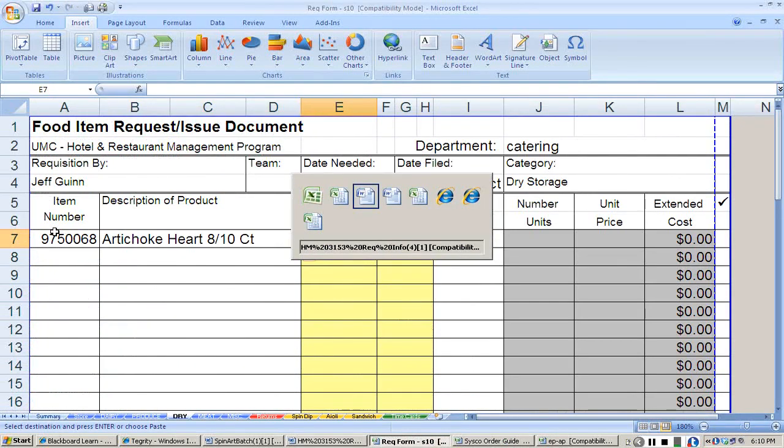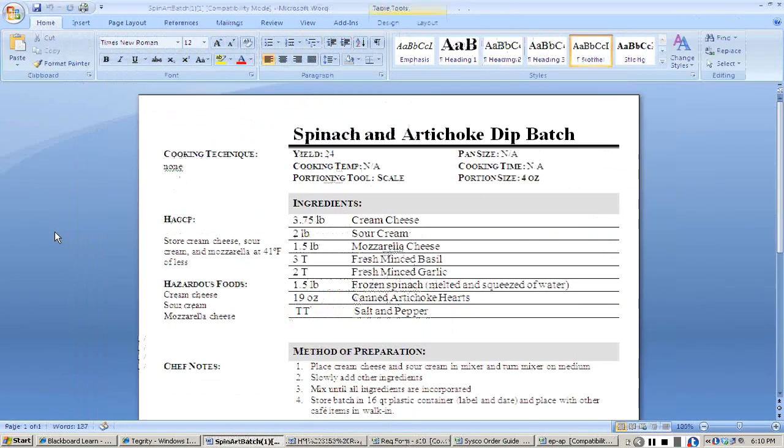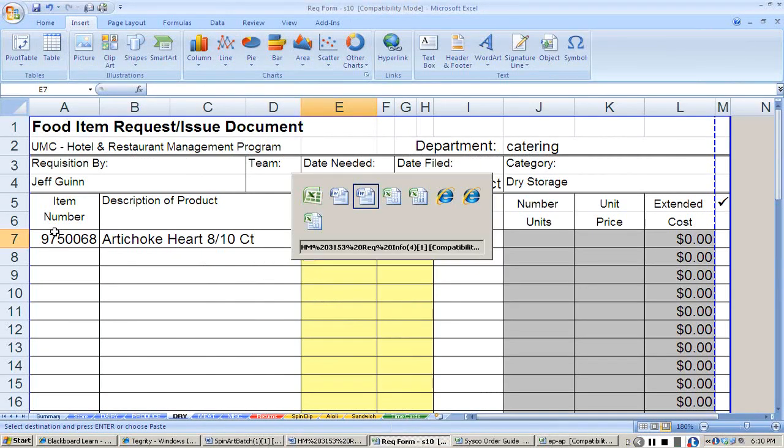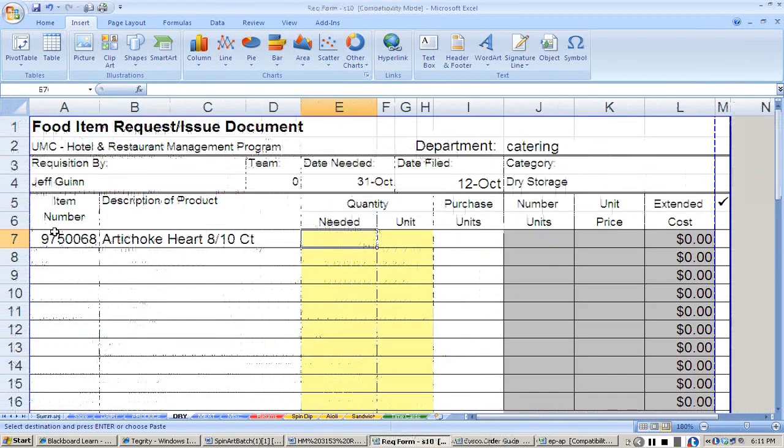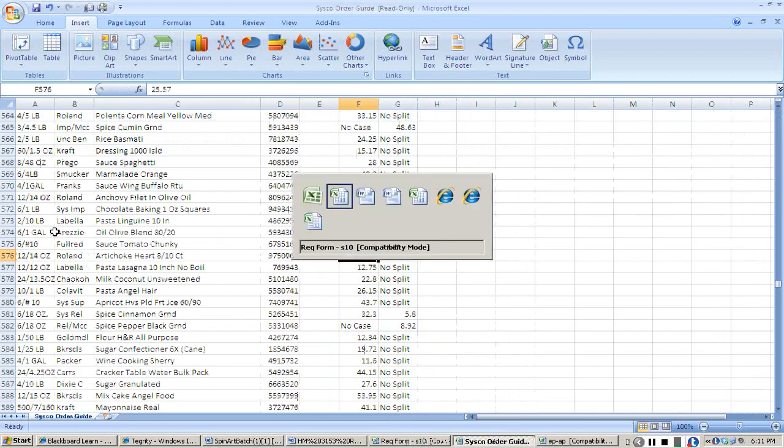Needed was 19 ounces. Purchase units are 12/14 ounces. We need 19 ounces, so our units match up. Just going to need to buy one, and the unit price is $25.57.